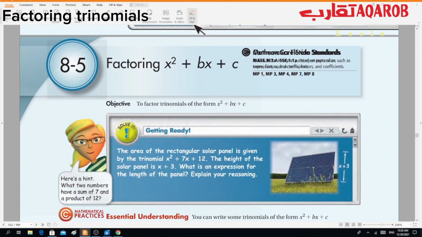It's a trinomial if we want to classify it, and it's degree 2, which is actually a quadratic polynomial or a quadratic trinomial. In factoring a quadratic trinomial, we have two cases, okay? One in which the coefficient of x squared is 1, which is this lesson, and lesson 6 when the coefficient of x squared is not 1.